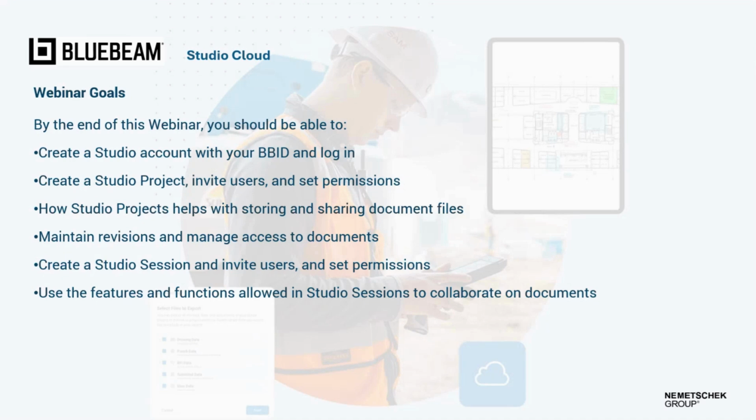It will also help you with storing and sharing of document files, maintaining the revisions, and managing access to documents. And for studio sessions, we'll see how this feature is useful and a lot about the functions allowed in studio sessions to collaborate on documents. So these are our webinar goals for today.